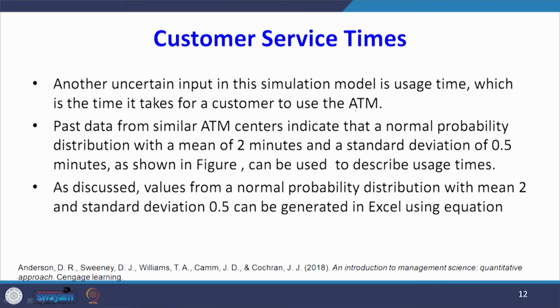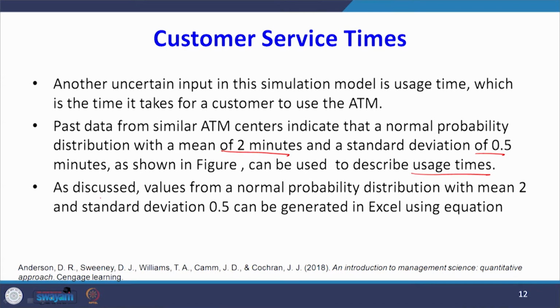There may be different purposes, some people may use it for withdrawing money, some for checking the balance and so on, but that time is going to follow a normal distribution. Past data from a similar ATM center indicate that a normal probability distribution with a mean of 2 minutes and a standard deviation of 0.5 minutes, as shown in the figure in the next slide, can be used to describe the usage time, that is the service time.